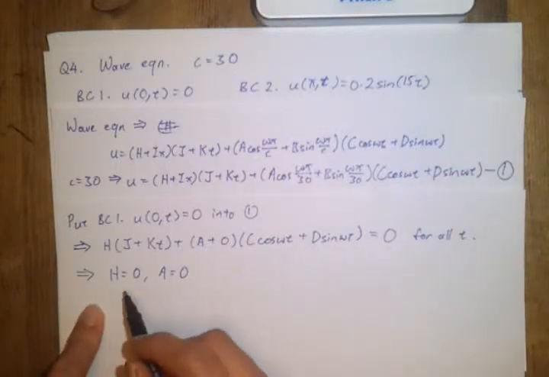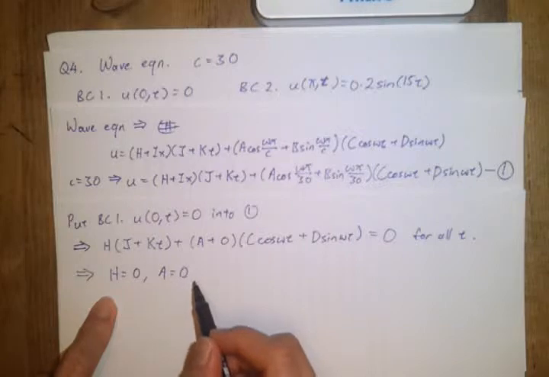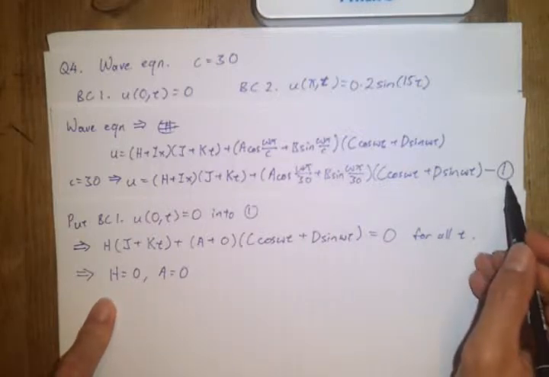Now you can put the values h equals 0 and a equals 0 back into equation 1.